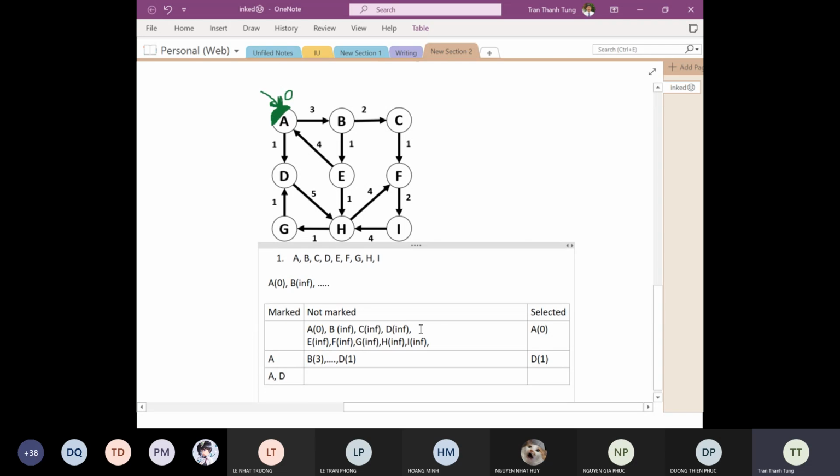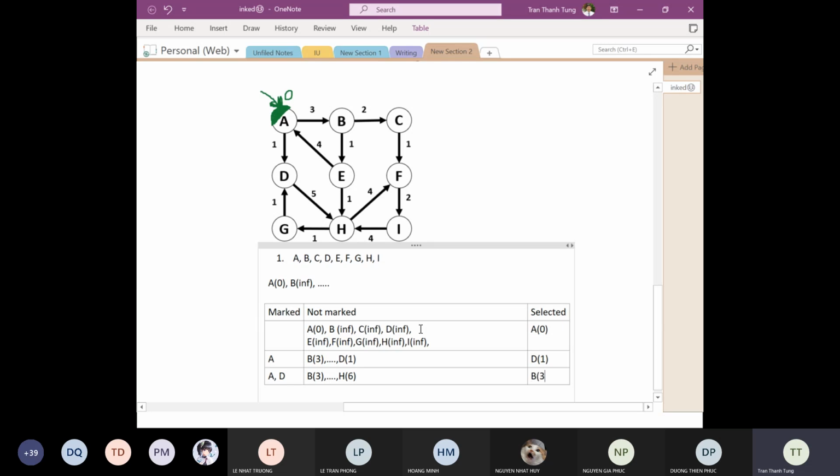We have A and D here. From D, what we do, we will update H. We have B3, the same. On the infinity, H is 6. Okay. And then we select B3.